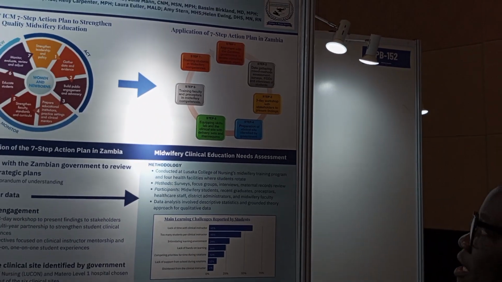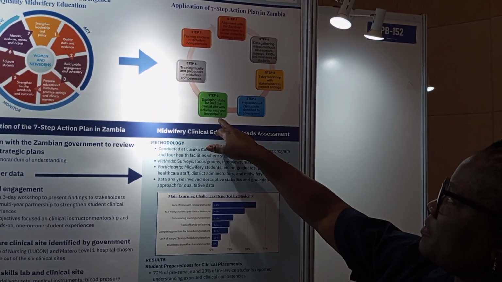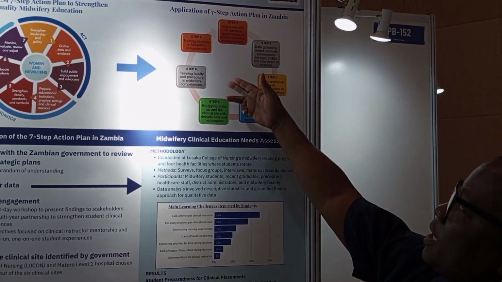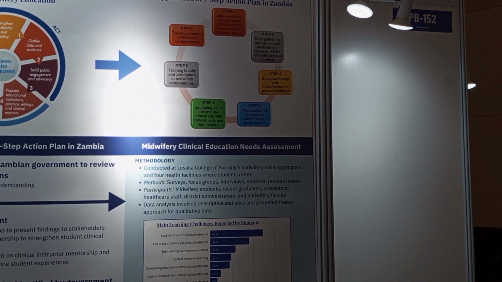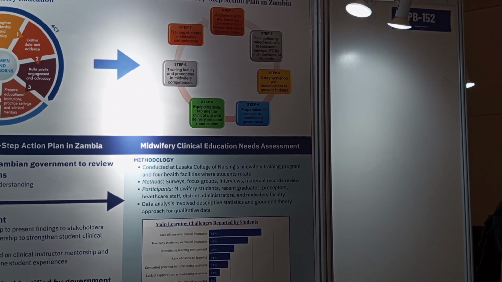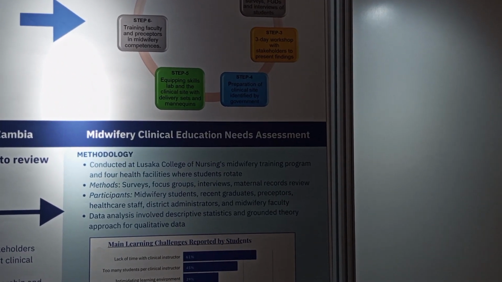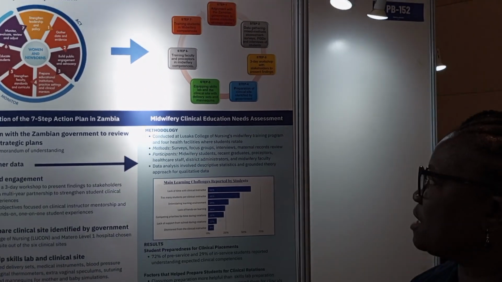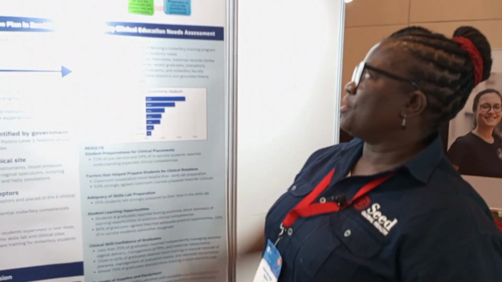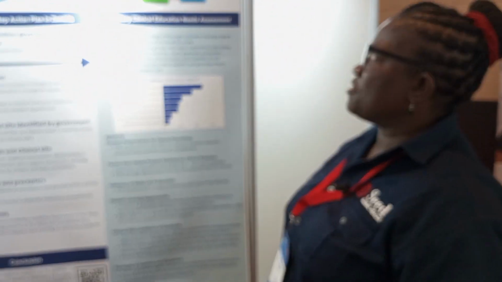After the equipping, we started training. We trained the preceptors. So far we've trained 40 preceptors, and after next week we are training another 20 preceptors who are helping with mentoring the students.